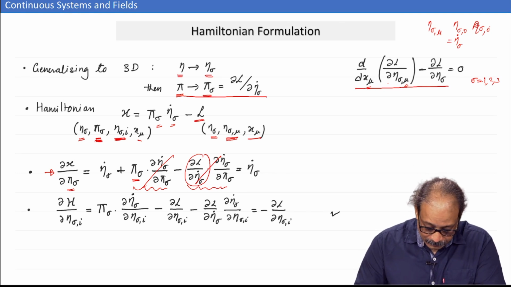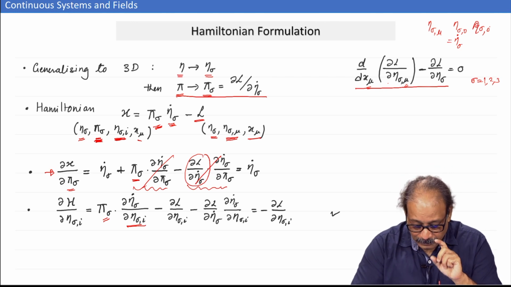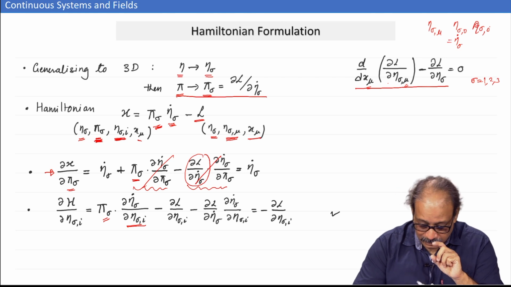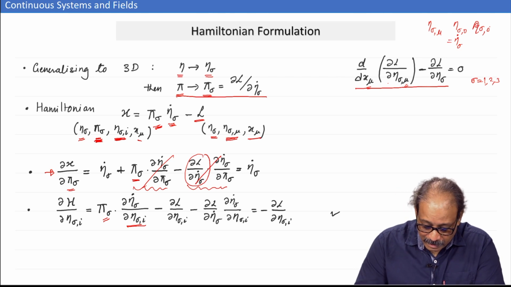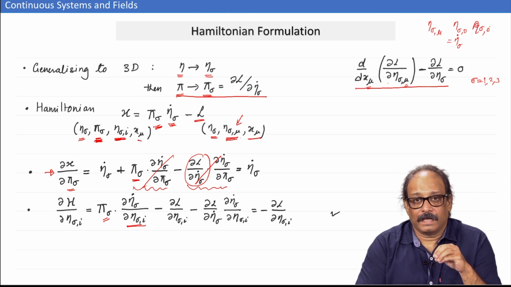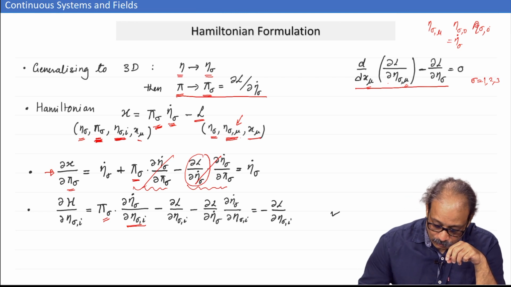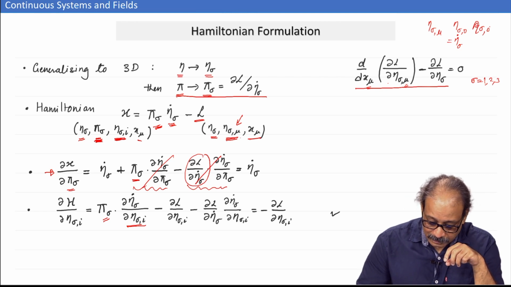Here, pi sigma is an individual variable, but eta sigma depends on eta sigma comma I. Similarly, the Lagrangian depends on eta sigma I. Remember, this contains your eta sigma I, and it also depends through the eta sigma dot.